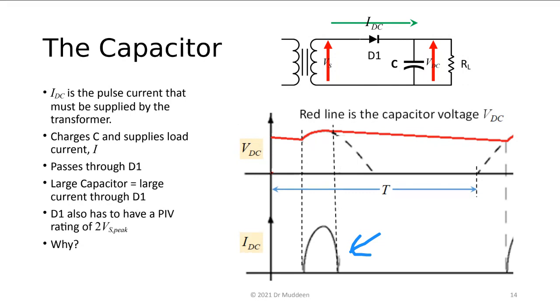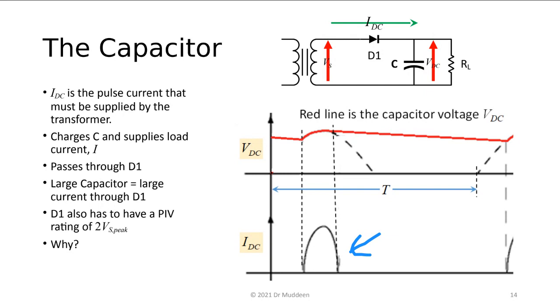So if the capacitor is large, remember the capacitor charges through the diode. If the capacitor is large, it's going to pull a lot of current through the diode. So that is part one of the diode rating. The diode has to be able to handle the sort of current that you want to pull through it.